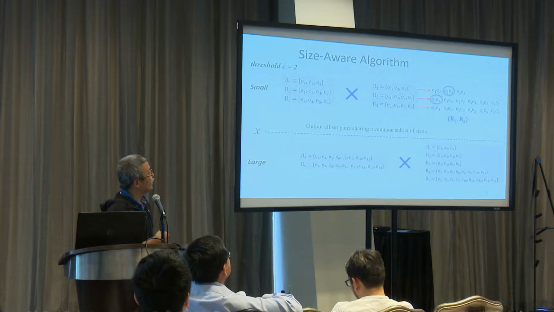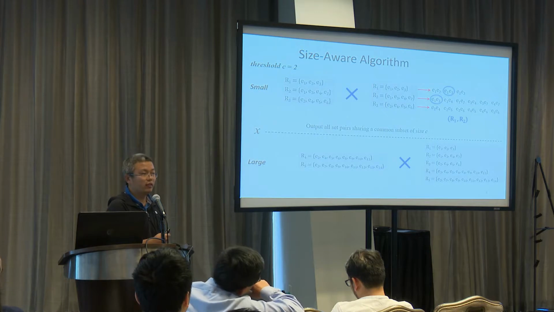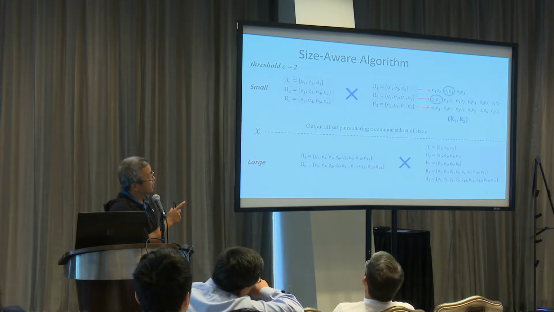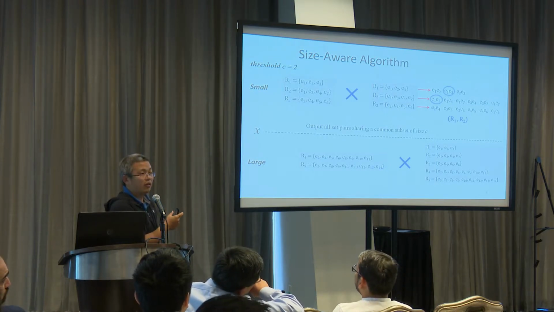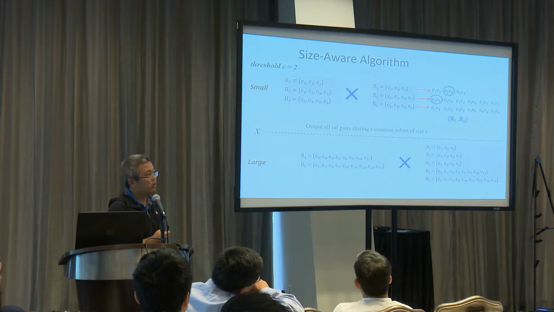Then two sets form an answer if they share at least 1 common c-size subset. So we first generate all c-size subsets and build an inverted index, and all the pairs in the same inverted list are answers. So we can handle the small sets.